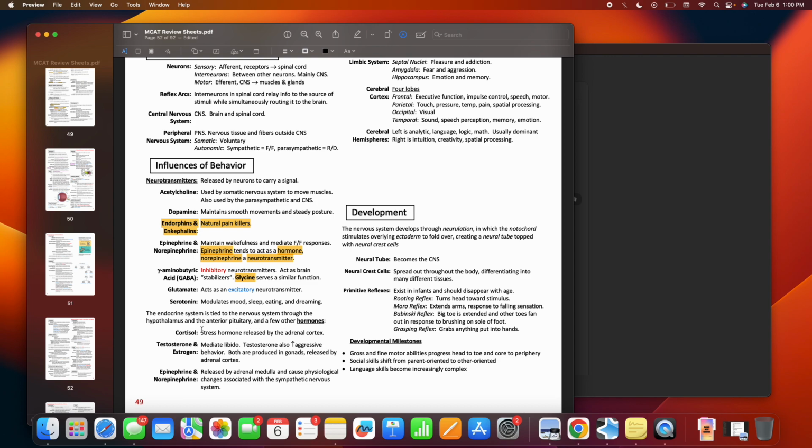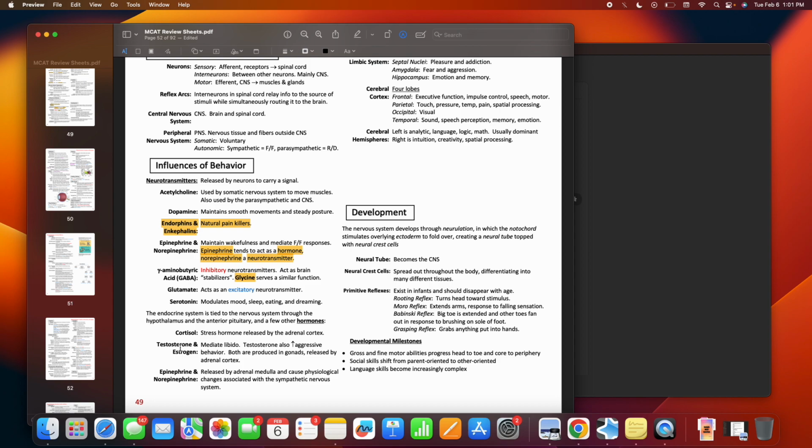Cortisol is one of those hormones which ties the endocrine system to the nervous system. It is a stress hormone released by the adrenal cortex. It also raises your blood sugar by gluconeogenesis.